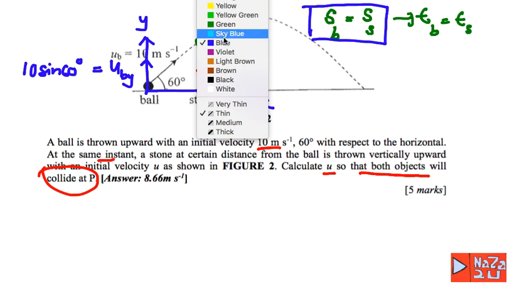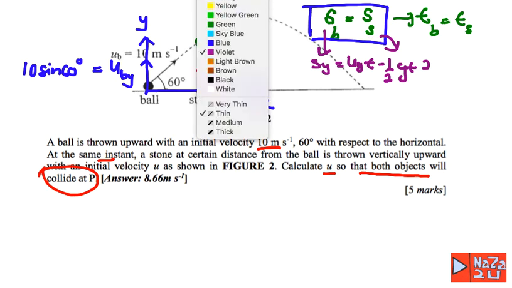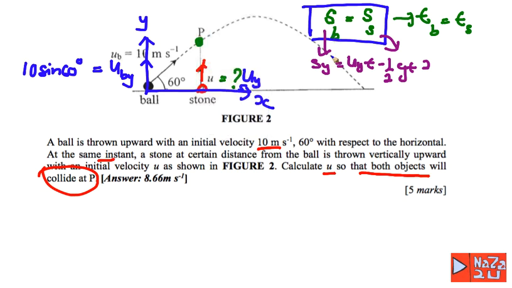You can use the displacement equation: Sy is equal to Uy t minus half g t square. This is for both SB and SS, so we have two equations, left and right.